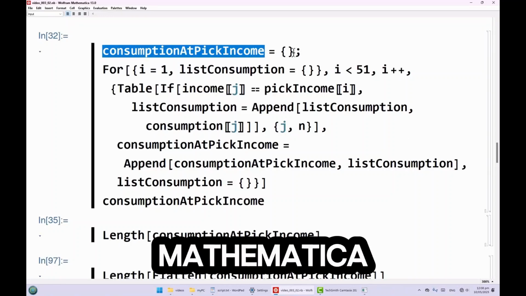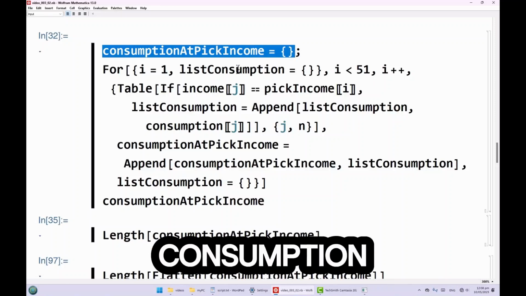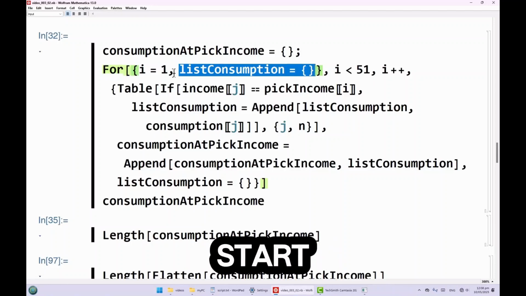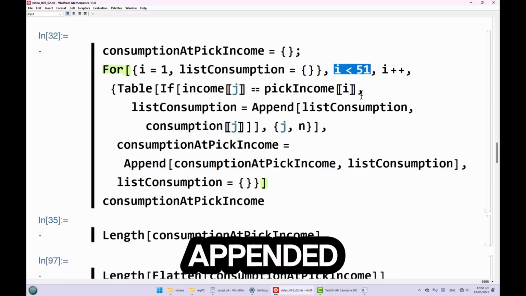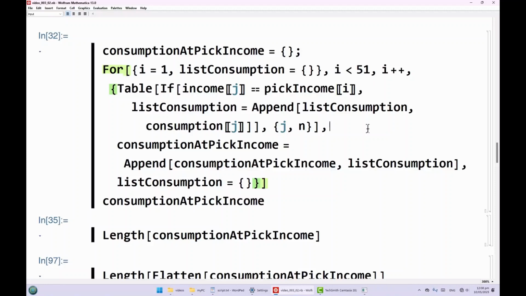We tell Mathematica to start with 2 empty lists: consumption at pick income and list consumption. Another start is iterator i equal to 1. For every iteration, 50,000 income values are checked, and if it matches with pick income, corresponding consumption value is appended in the appropriate place in empty spaces of new consumption list. Test for iterator, to stop loop, is i being less than 51.